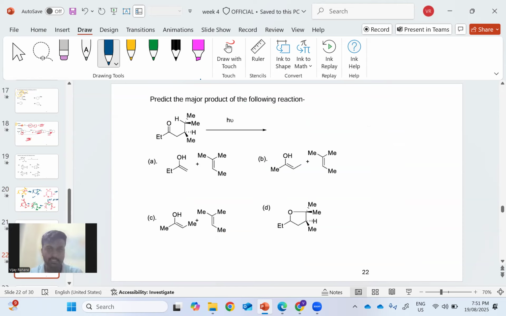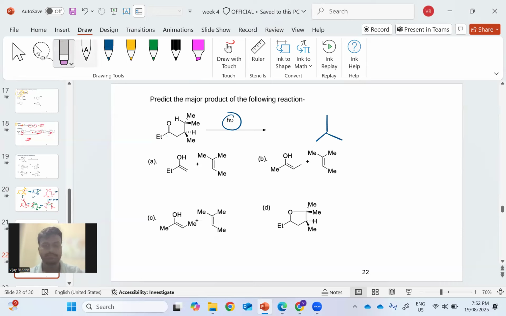Here is again the same reaction. There is a slight difference: we have the keto in the starting material, and there is a chiral center. In the presence of light, what happens to this molecule? So if you just draw the structure, elaborate the structure, this is the same structure.